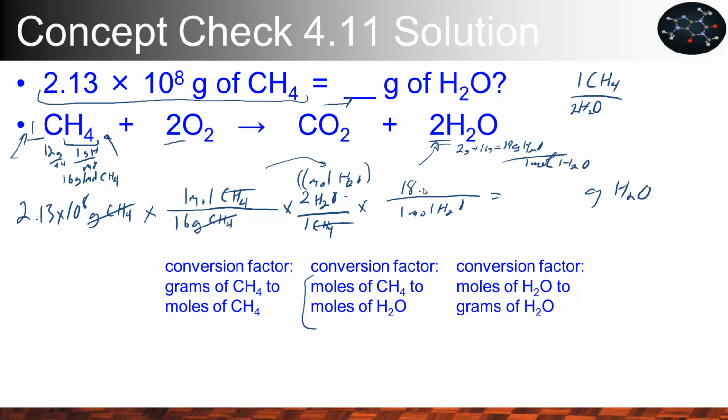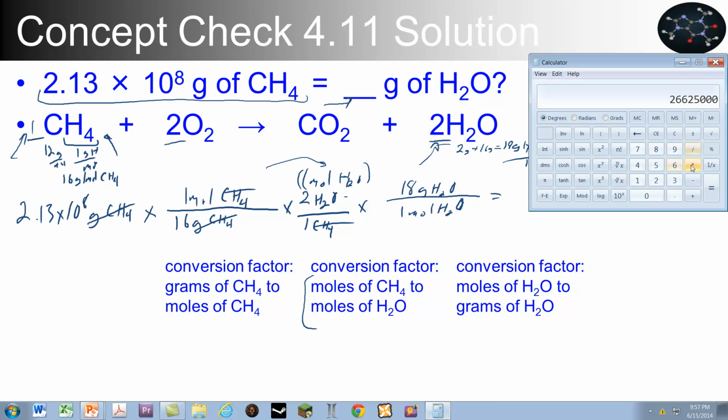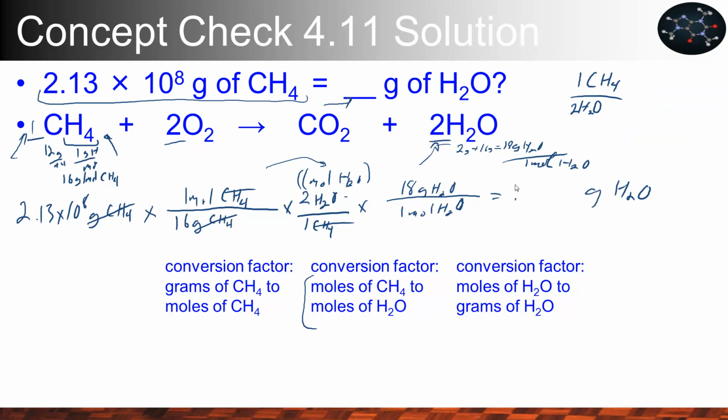Grams are what we want, so grams of water goes on the top. So we just multiply that number we had before times the 18 grams for every 1 mole, and we get this bigger number. Okay, 4.79 times 10 to the 8th power. So many grams of water are produced by that town burning methane.